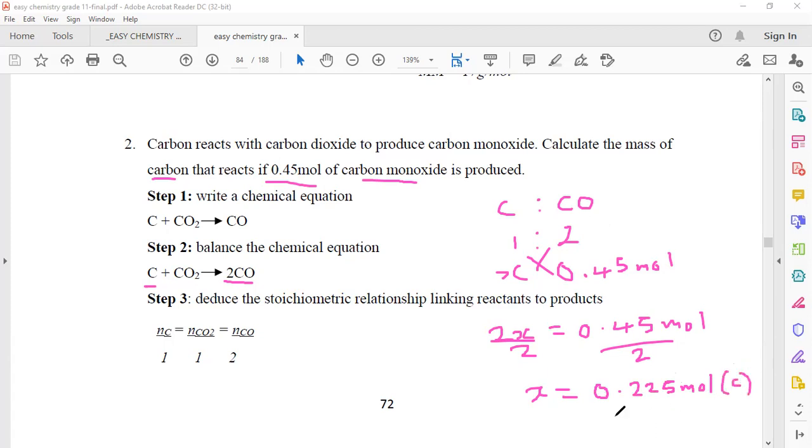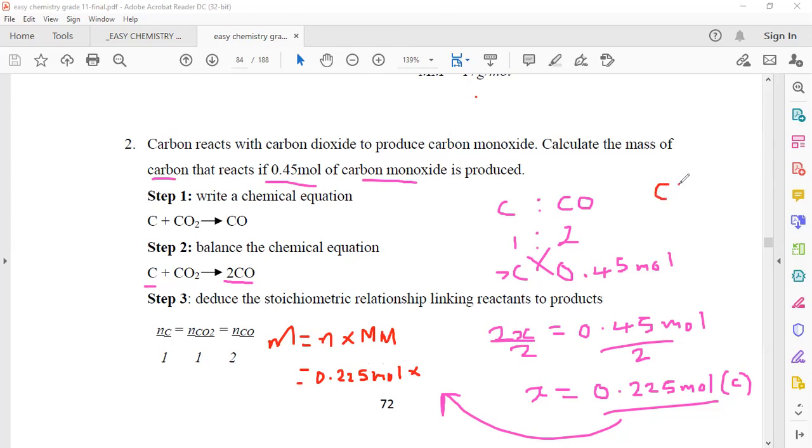Now how do you link the moles to the mass? Mass is equal to number of moles times molar mass. The number of moles given is 0.225. Of course, you have to be very consistent with the units. Then what is the molar mass of carbon?